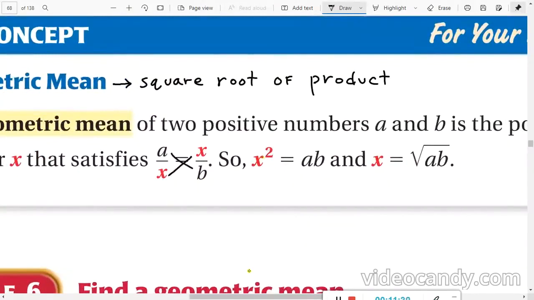If you do a times b, you'll get ab. And then take the square root of both sides, and you'll get x equals radical ab. The bottom line is the geometric mean is just the square root of the product. Okay, the product means you multiply the two numbers, and you know what square root is.